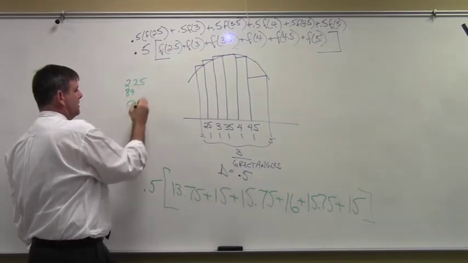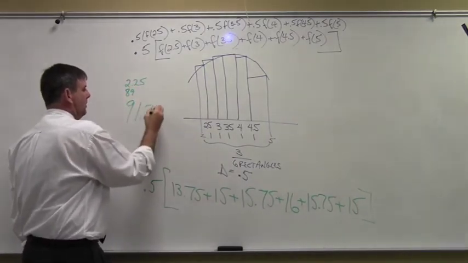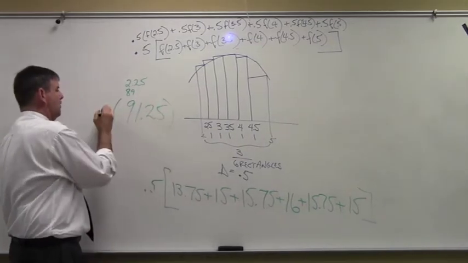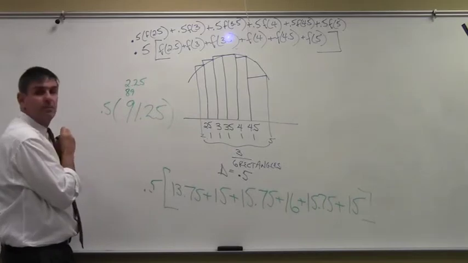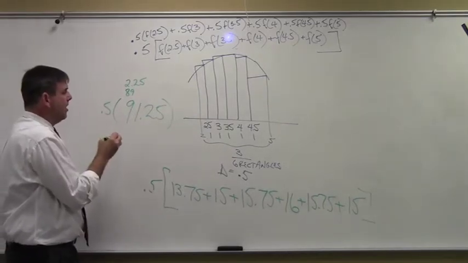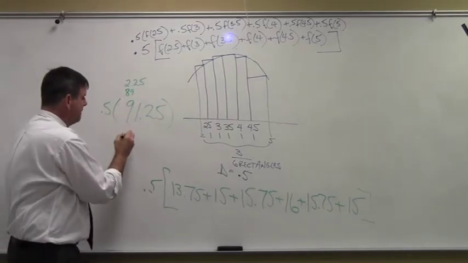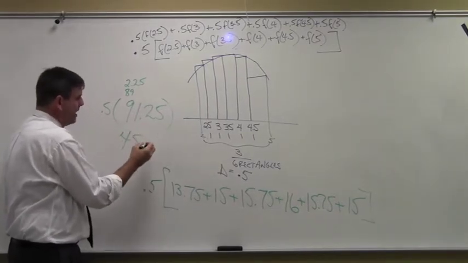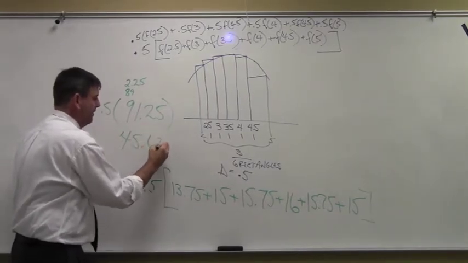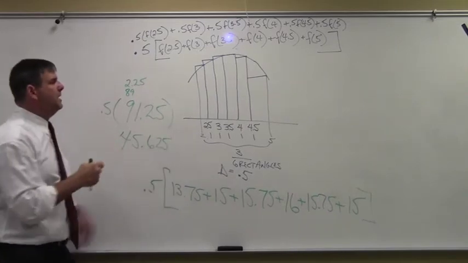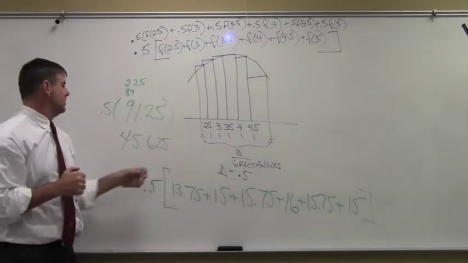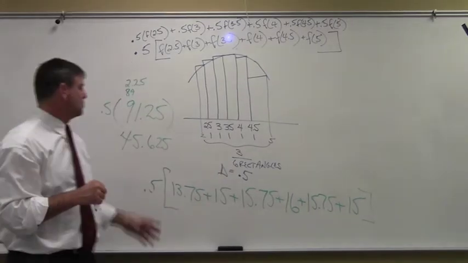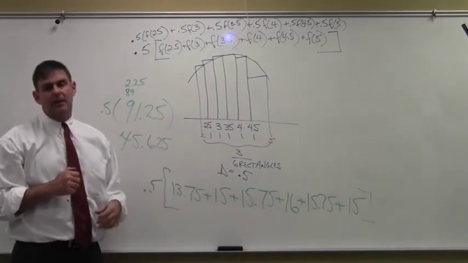So that's going to give us 91.25 multiplied by the width of our rectangles, which is 0.5, all totaling approximately 45.625. And that's the approximated area using rectangles of the curve 8x minus x squared using 6 rectangles.